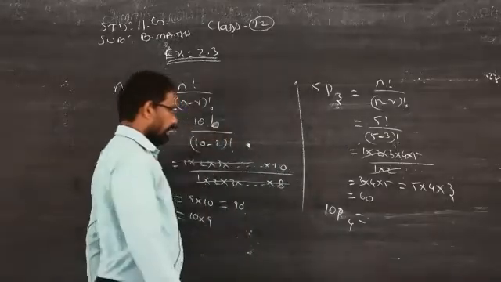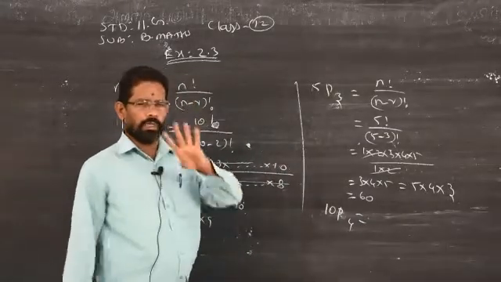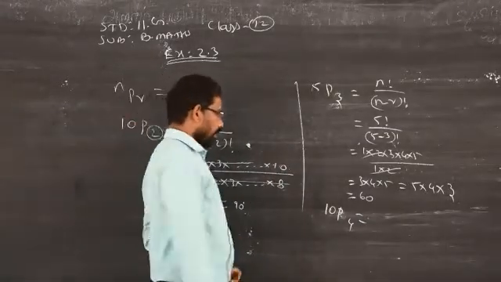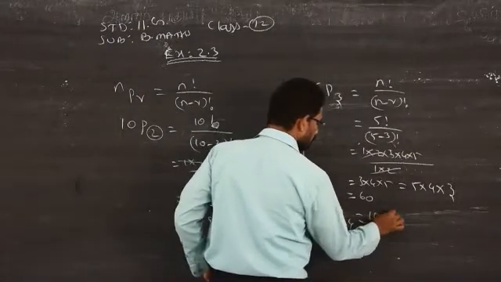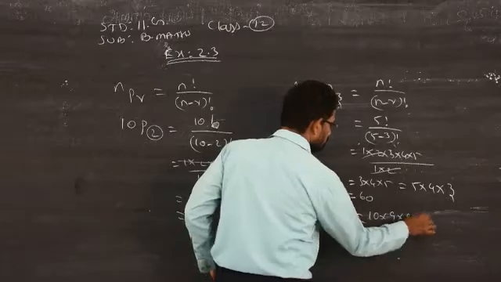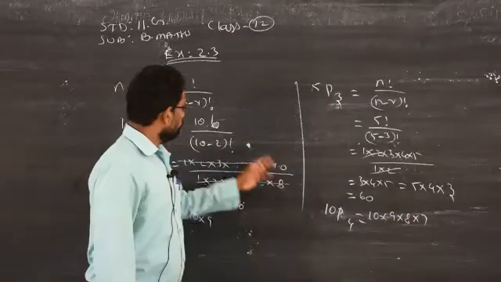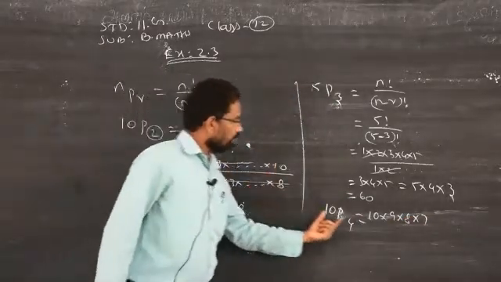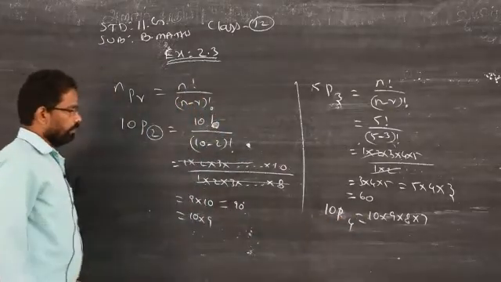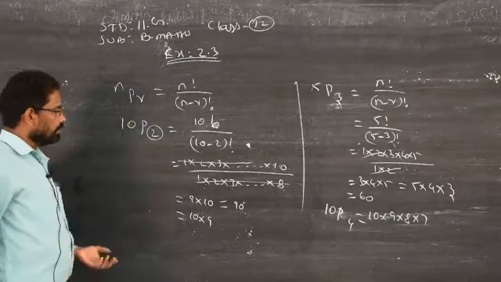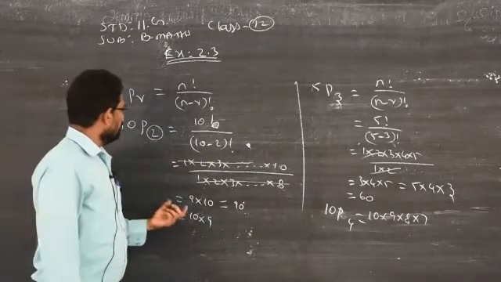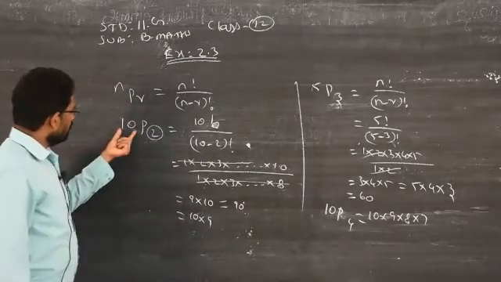If it is 10P4, how do you write? What is the suffix? 4. So how many numbers do you write? 4 descending numbers starting from 10, that is 10, 9, 8, 7. So instead of using the formula, you can write straight away like this for 10P4. See the suffix. If it is 2, 3, 4, whatever it is, you write in descending order starting from 10.